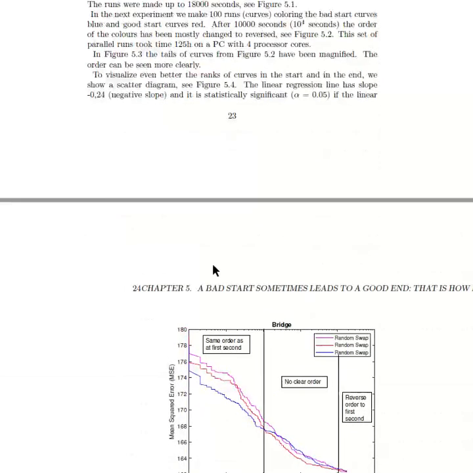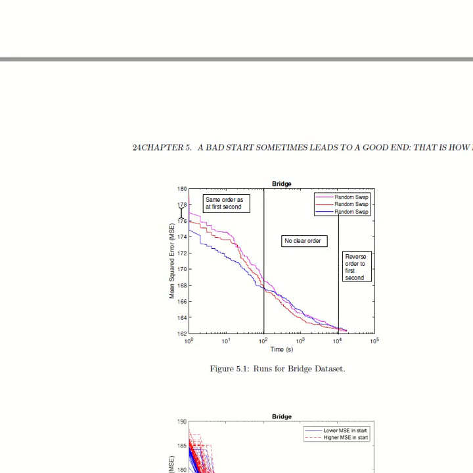But the idea is that if we start the random swap clustering algorithm, we take 3 runs. In the first second, one is best, one is in the middle and one is the worst, and this order is maintained until some point, and then there is no clear order.